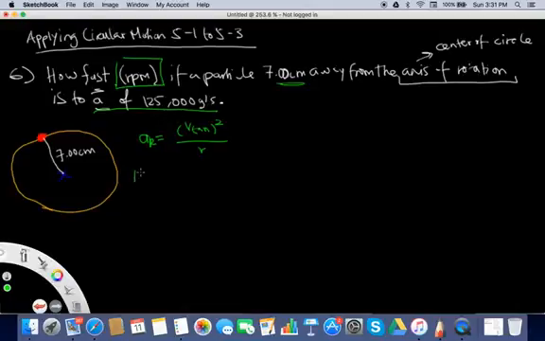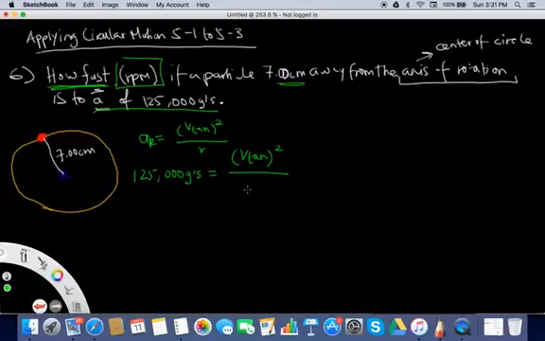So let's put that: 125,000 G's equals this tangential velocity, which is what we're trying to find. We're trying to find how fast. We're trying to find a speed. So we're trying to find our tangential velocity over a radius. Well, they gave us a radius of 7 centimeters. Let's just plug in the 7 centimeters, right?